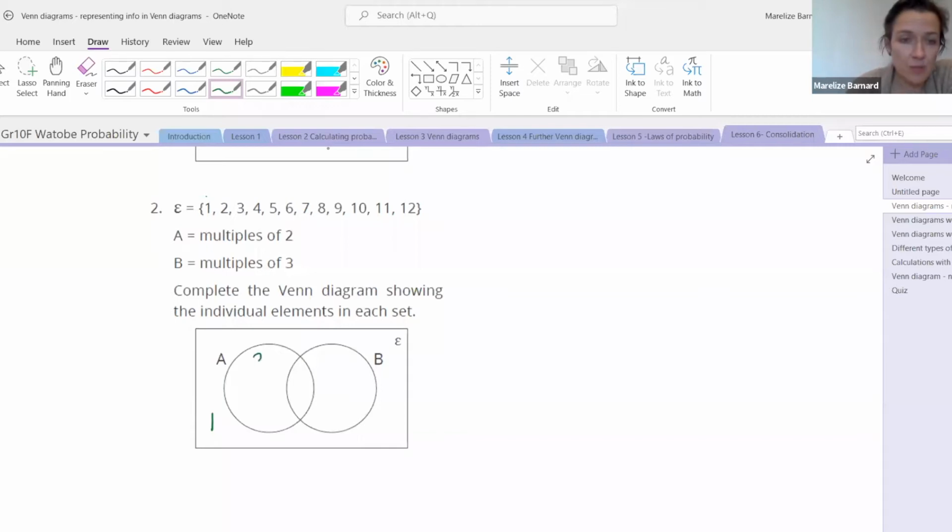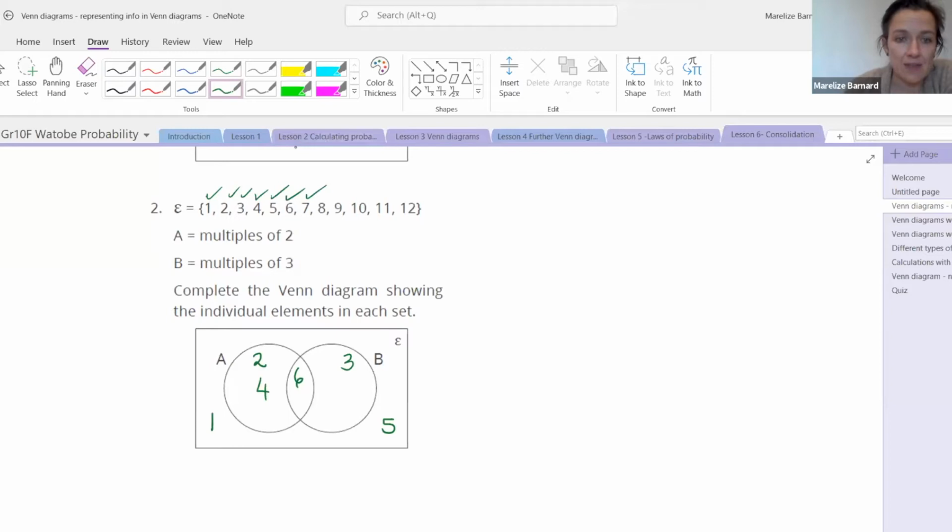Then 2 is a multiple of 2. 3 is a multiple of 3. And so we've done that one, that one, that one. And then 4. 4 is a multiple of 2. And 5 doesn't fit into either A or B, so we just leave it outside. 6 is a multiple of 2 and a multiple of 3, so we put it in the intersection.